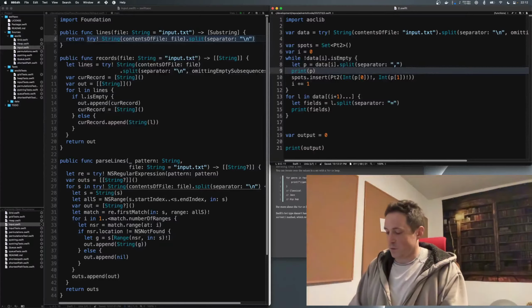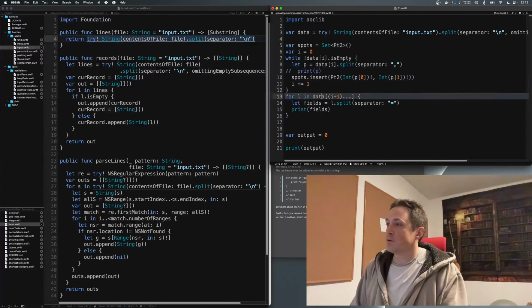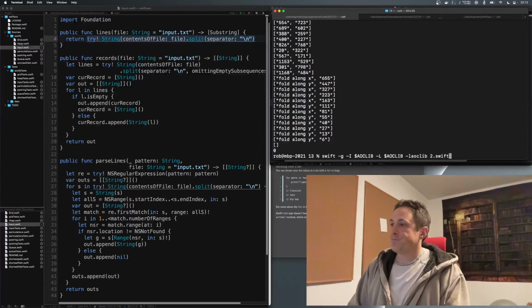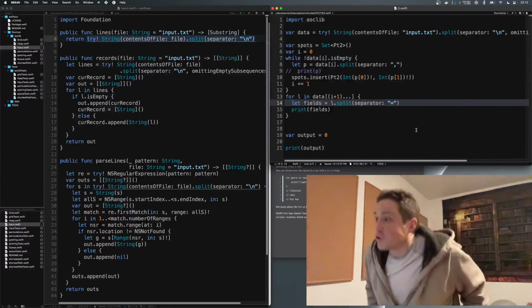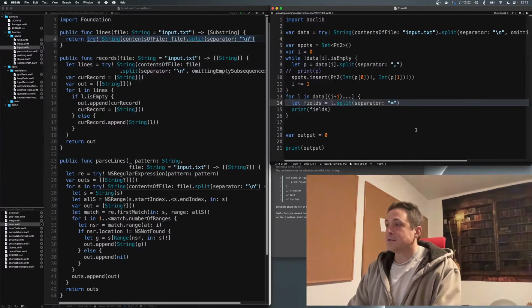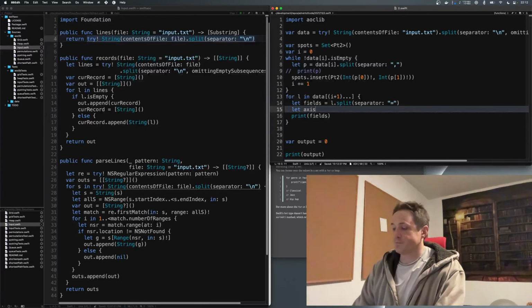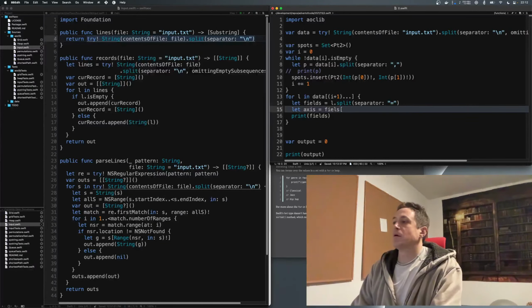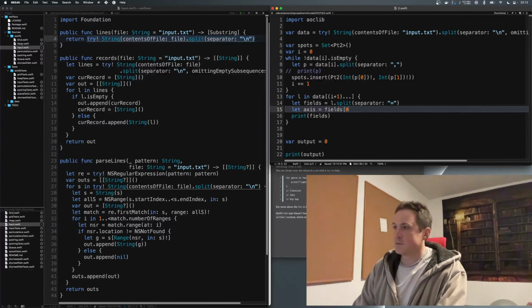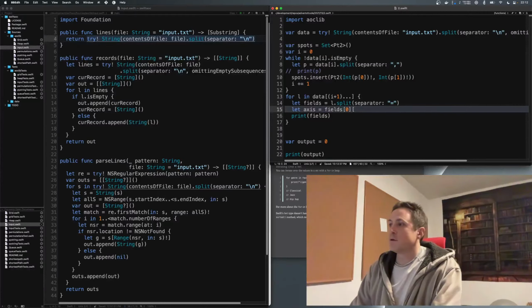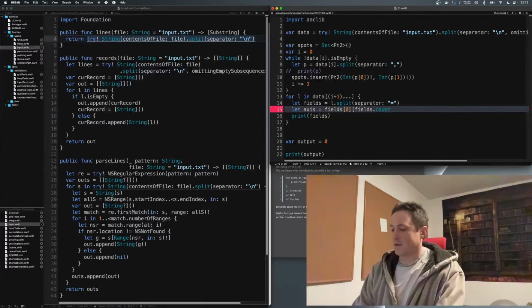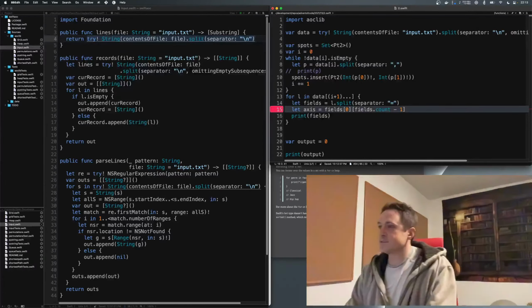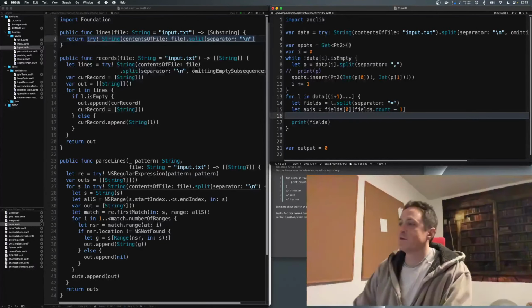So, we don't need the U. Okay, so fields 0, fields count. So the last character of the first field.